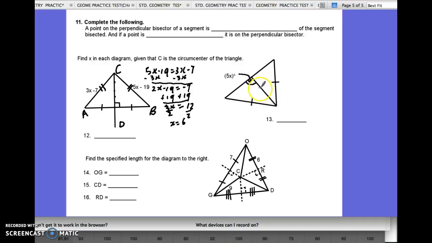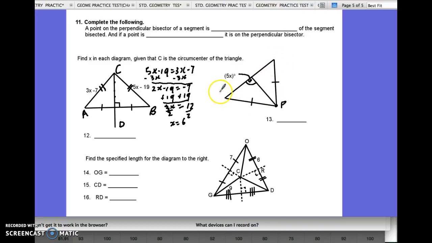Now here's another one which is somewhat related to this one, because this figure shows a point, let's say point P, which is equidistant from the endpoints of this segment.